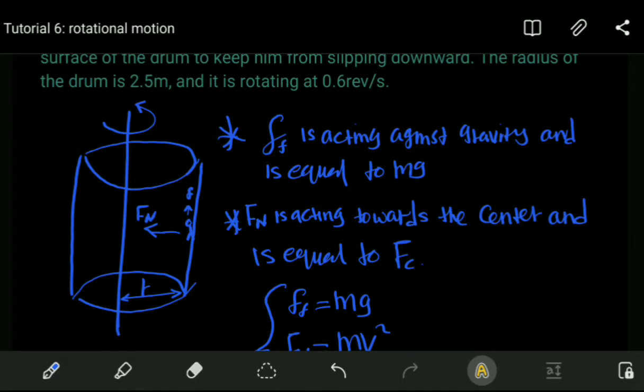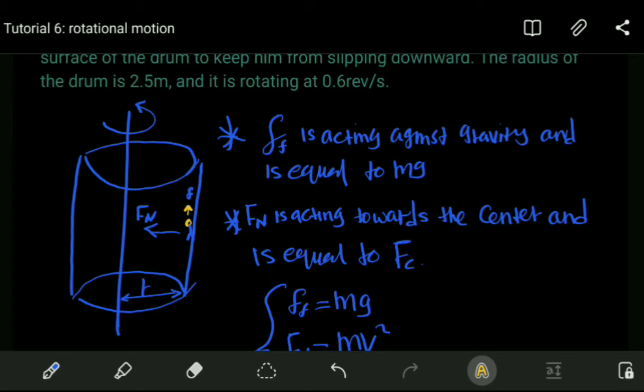If this guy is to remain in that position there, we have the weight pulling him down, but you can see that he's not going down. He's not slipping down, meaning that the friction is equal to his weight. And the friction in this case is acting upwards because the weight is acting downwards. So if this guy is not to slip downwards, then the friction holding him is equal to his weight.